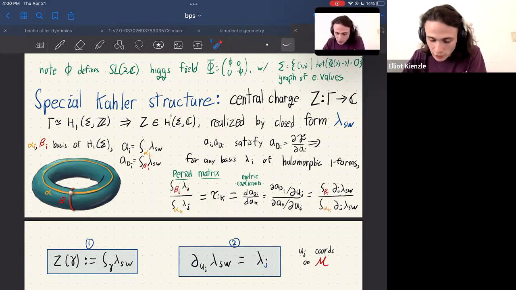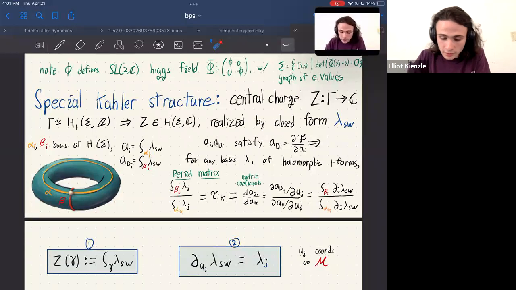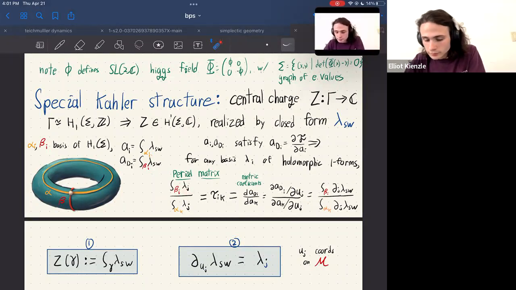Right, I should mention you're calculating the periods here, not of the Seiberg-Witten forms, but of the holomorphic forms. And in this n-dimensional case, there's going to be n holomorphic forms to deal with. And from this special Kähler structure, we know that this period matrix has to be essentially the coefficients of our metric.